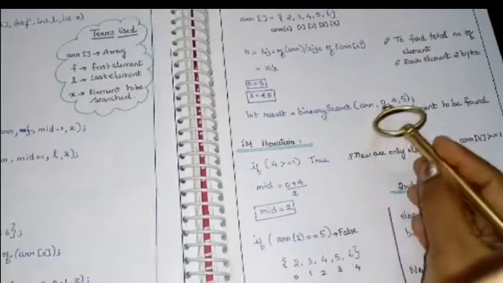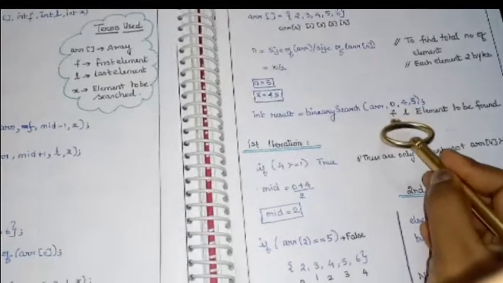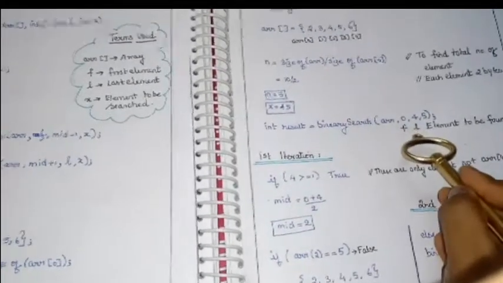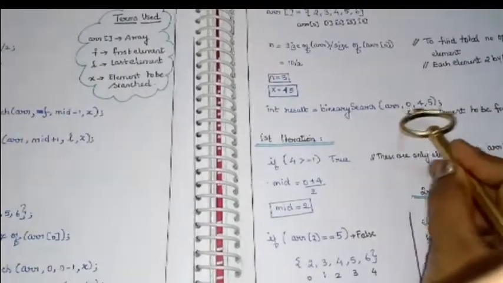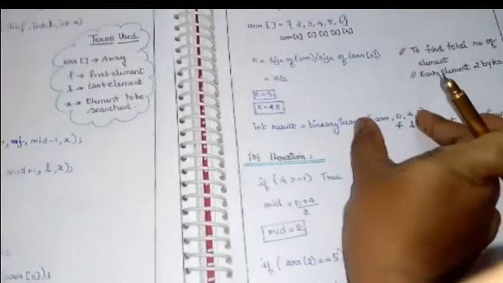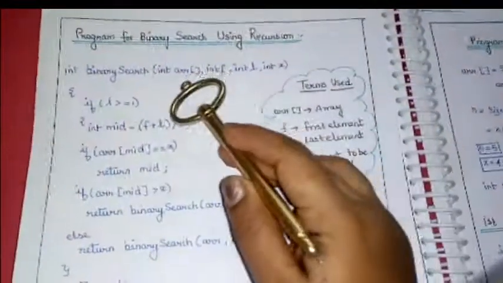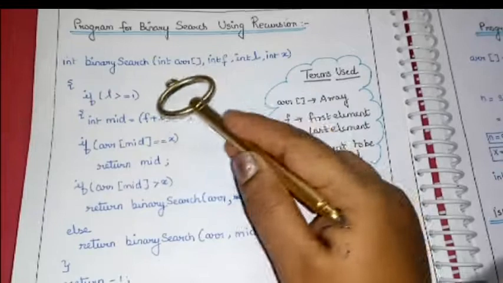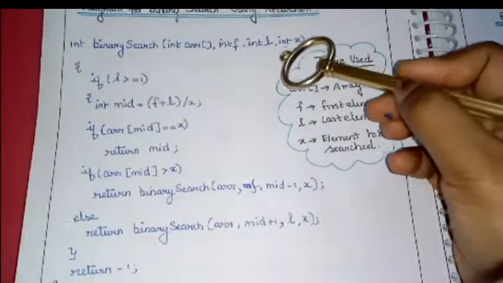Array, first element, last element, I mean the index of the first element, the index of the last element, and the element to be searched. So these are the arguments which are exactly going to be placed at this particular point, and you will be using these values in the statements given below the function.